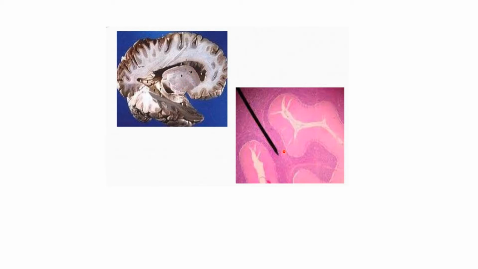Here you are seeing this part of the cortex, and this is the white matter. This is one folia. Not folia in this, but the sulcus, and these elevations are the gyri.